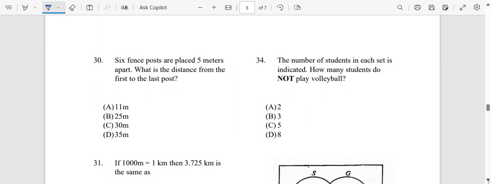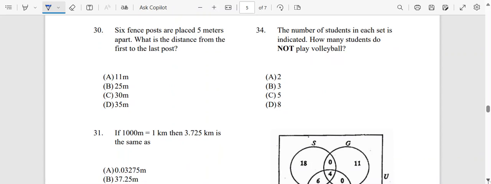Let's look. Continuing. It says here six fence posts are placed 5 meters apart. What is the distance from the first to the last post? Six of them. Let's draw them. One, two, three, four, five, six. And it says 5 meters apart.